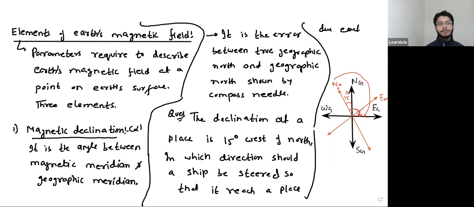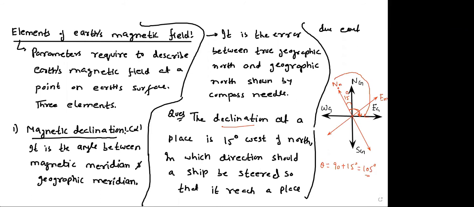So that's not 90 minus 15, that's 90 plus 15. You want to take the ship from this position to this position, so you will rotate the ship at 105 degrees. So these are the types of questions that you can get on magnetic declination.